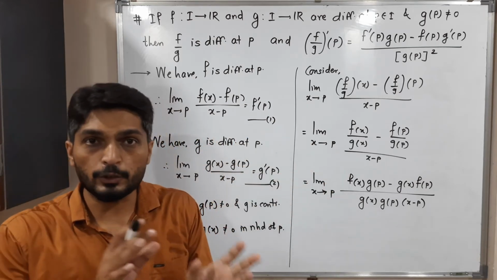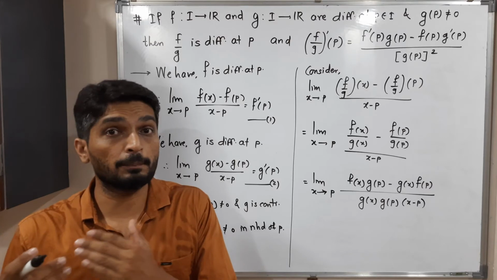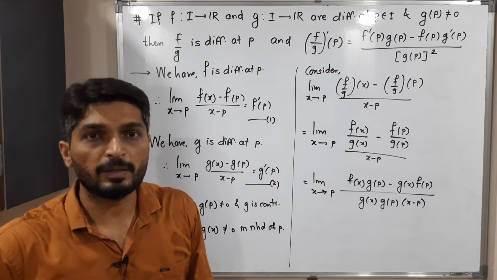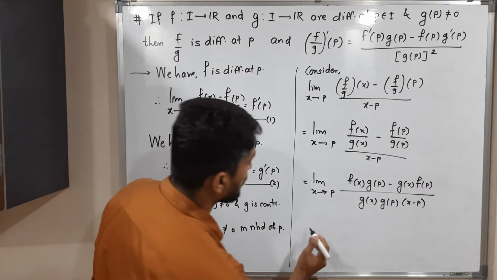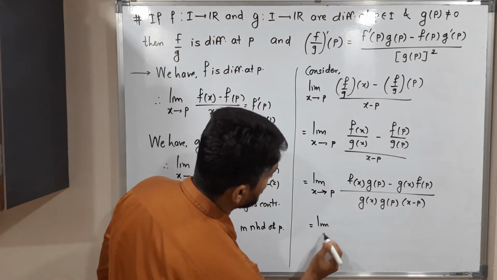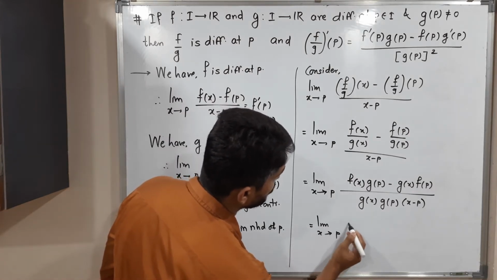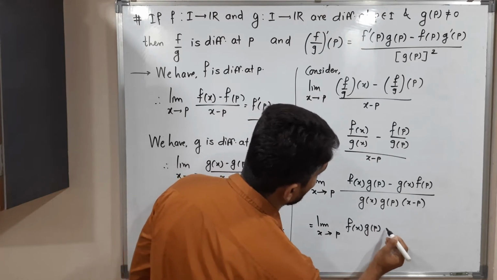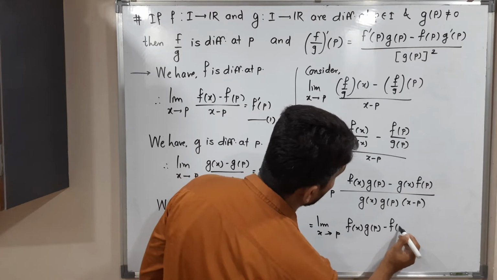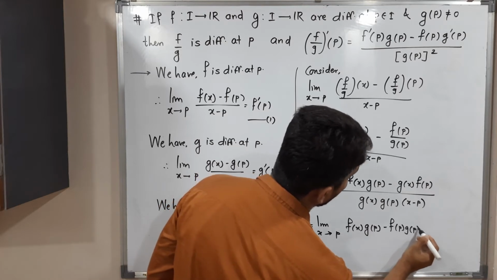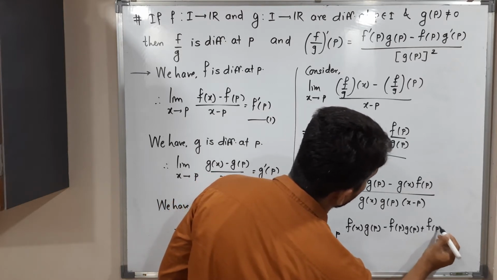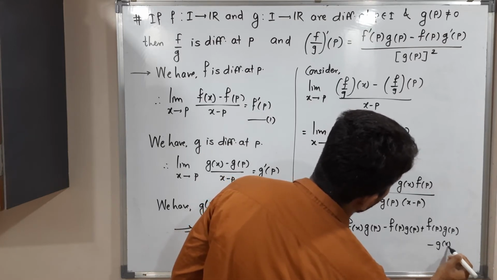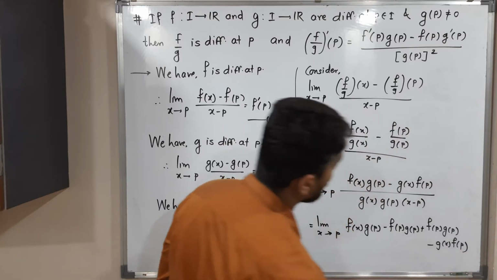So for that we need to do an adjustment, just like in the previous theorem, which we already saw in the previous video. The same type of adjustment I am going to do here, with small changes. Limit x tends to P, what will I do? f of x g of P minus f of P g of P plus f of P g of P minus g of x f of P. Have you understood what I have done?